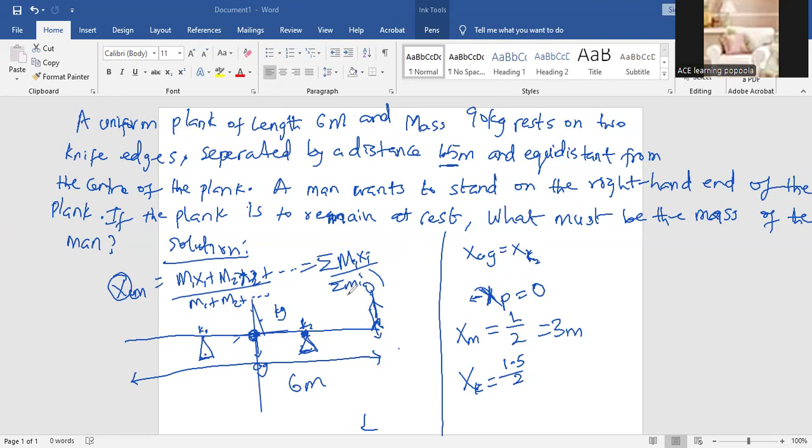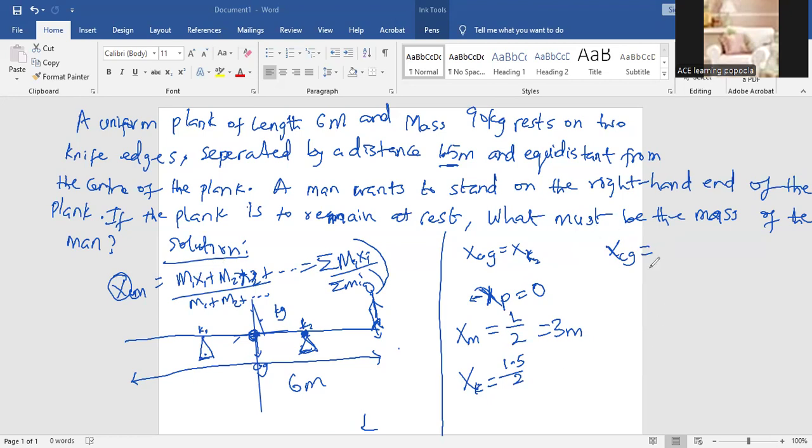Now, using this formula for center of gravity that I just wrote, X equals M1 X1 plus M2 X2 and so on, we will now say X center of gravity equals, now what are the masses involved here? The mass of the plank and the mass of that man.